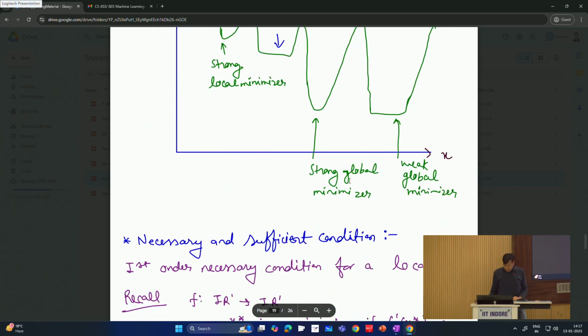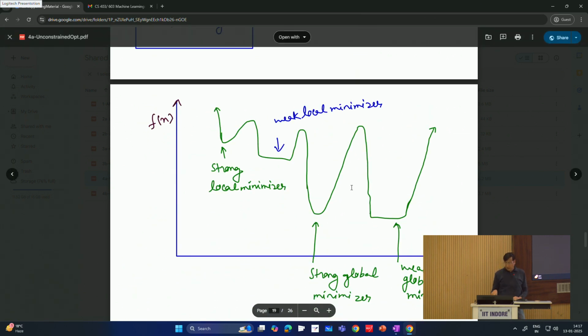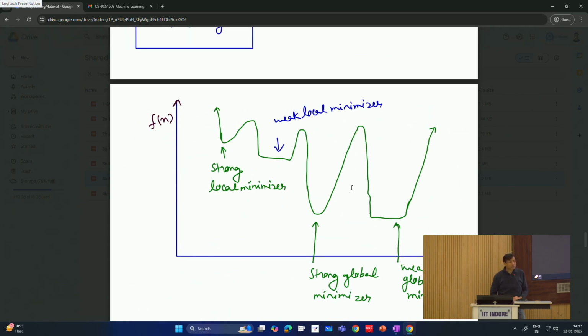Before I start the necessary condition, now look at this figure. This point is a strong local minimizer. I'm showing you in 2 dimensions, by the way. If you're at this point and you go in any direction, the function value increases, which means it's a strong local minimizer.